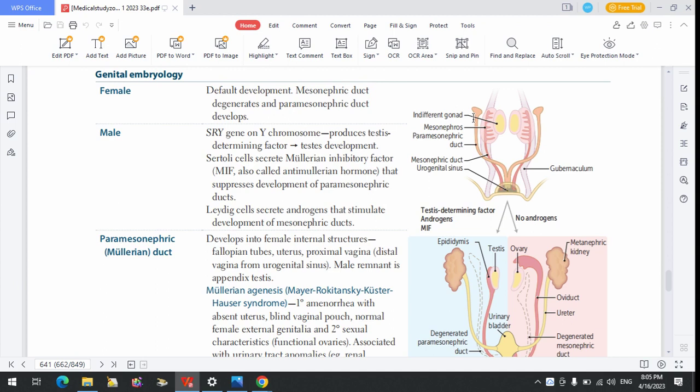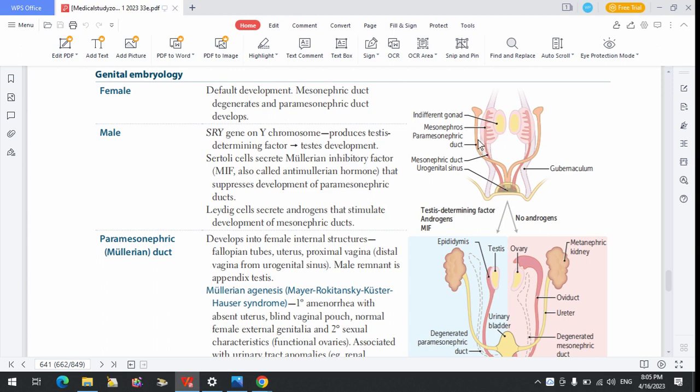Now, we've talked about the gonads. The next thing is to look at the internal duct. There are two internal ducts in an indifferent embryo. What are they? The mesonephric duct, which is this one here, and the paramesonephric duct, which is the one parallel to it by the side. If this gonad has differentiated towards the testis, the Sertoli cells will now produce the Mullerian inhibitory factor.